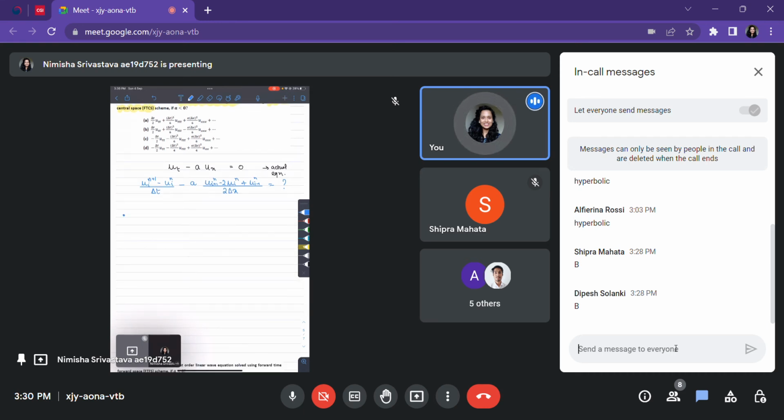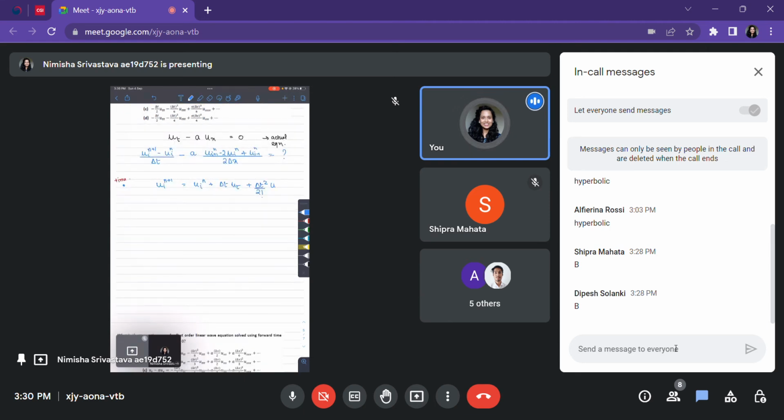So in Taylor series, what had I learned for the time part of the things? Let me just write time so that we don't get confused. U at time n plus 1 is equal to uin plus delta t into ut plus delta t square by 2 factorial utt plus delta t cube by 3 factorial u triple t, and so on and so forth.